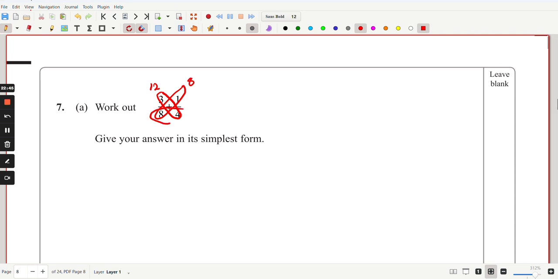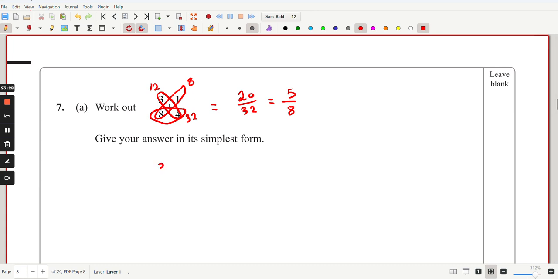And 8 times 4 is 32. 12 plus 8 is 20. So 20 over 32, dividing by 4, 5 over 8. 32 dividing by 4 is 8.